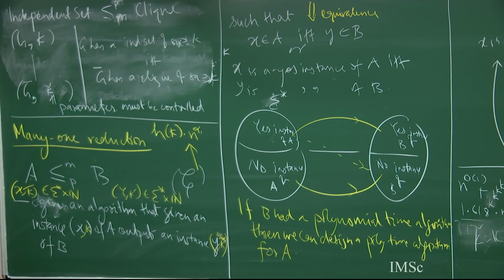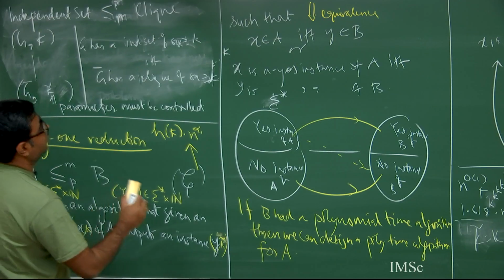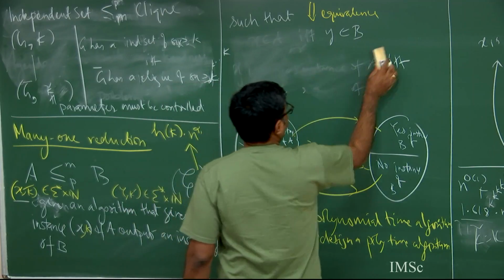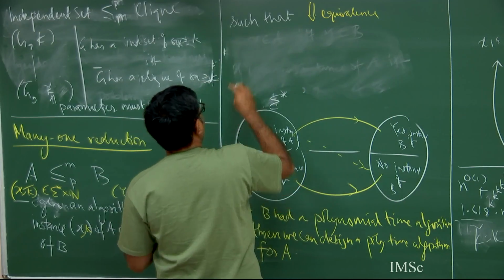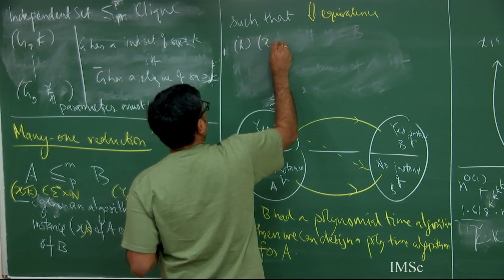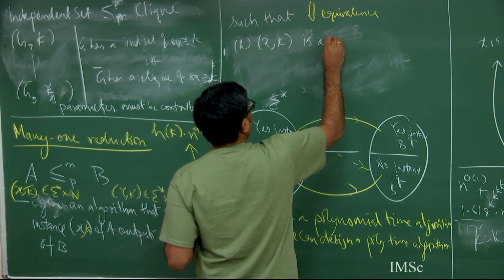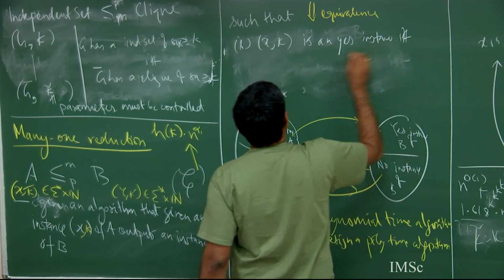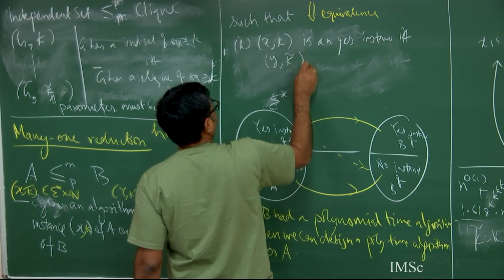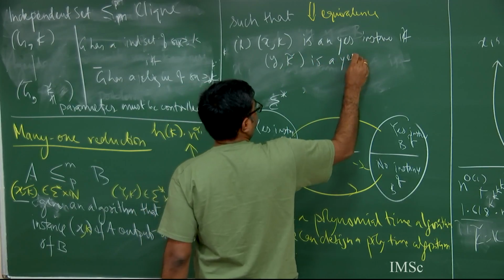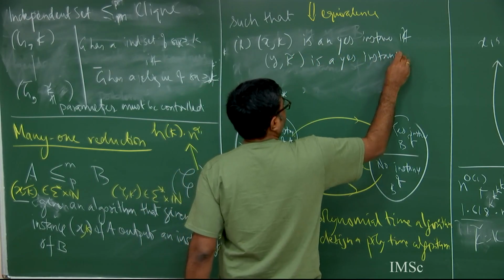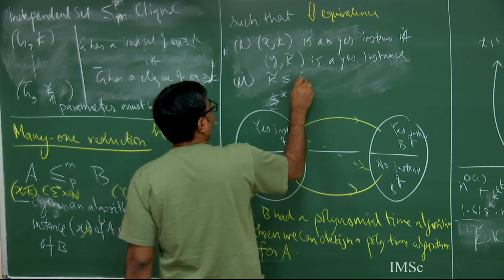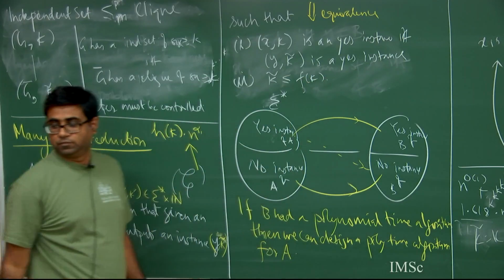So let's rewrite this: first, x comma k is a yes instance if and only if y comma k tilde is a yes instance. Secondly, what we learned, k tilde is at most some function of k, right?